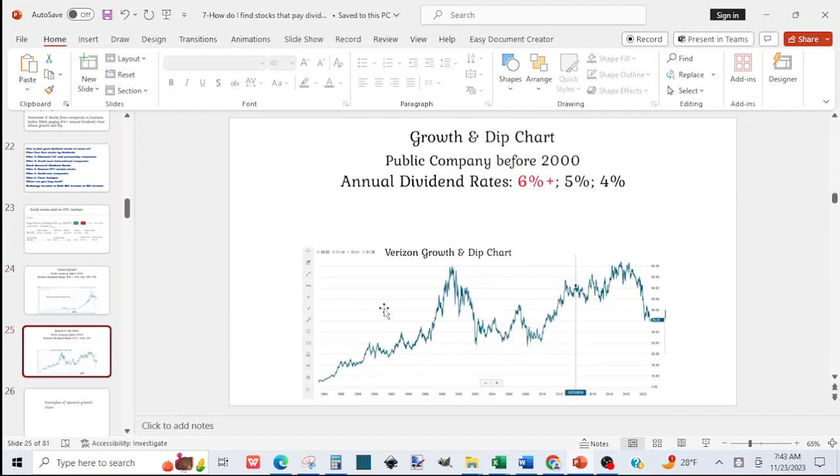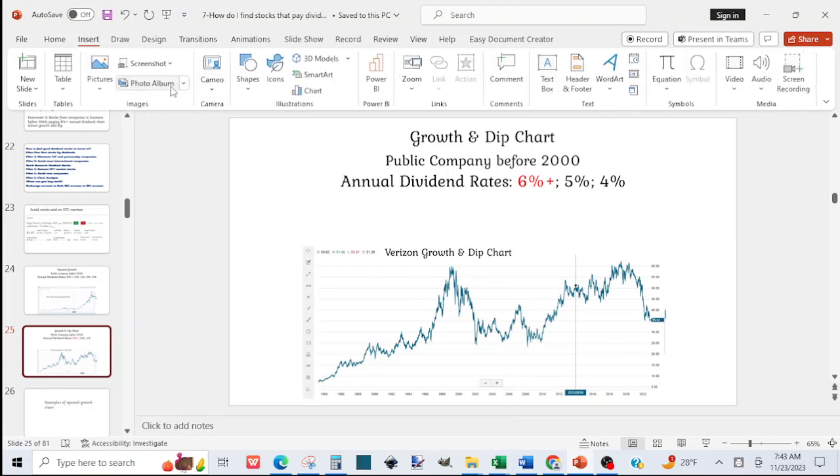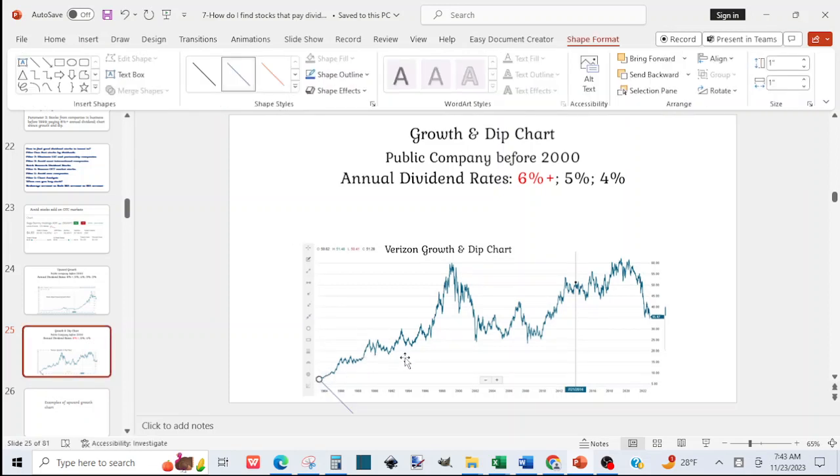And this growth and dip should have growth in it, meaning the price it was selling at when it went public and the price it is selling at now, when you try to join them, the line should be oblique as well. And we can try to do that.